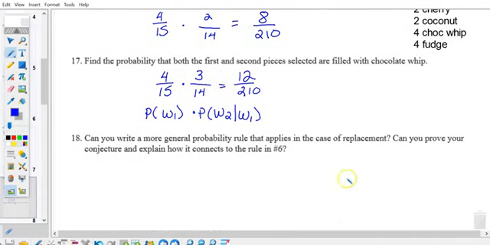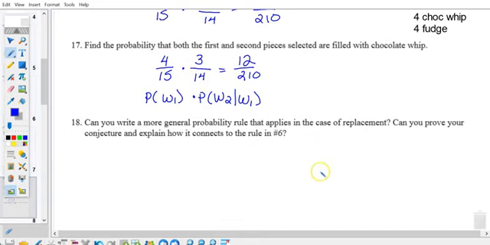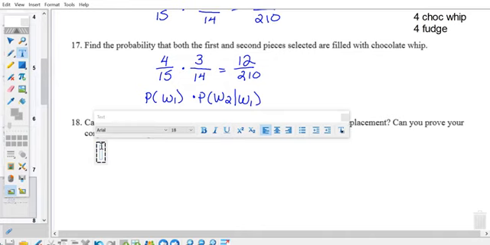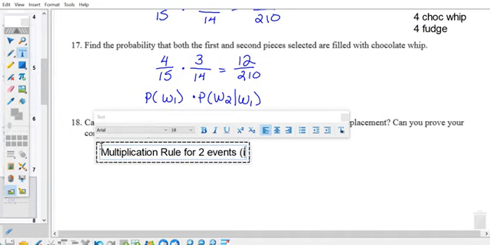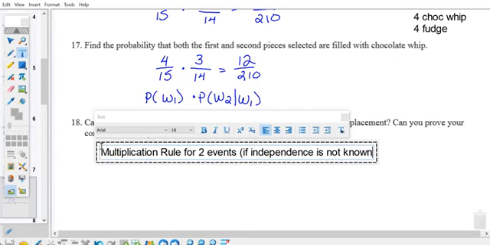So let's write a more general rule. Can you write a more general probability rule that applies in case of replacement? Can you prove it and how to connect it to number 6? Okay, let's just write a general rule. So we're going to say this is the multiplication rule for two events if independence is not known.